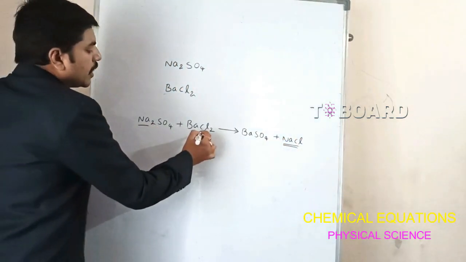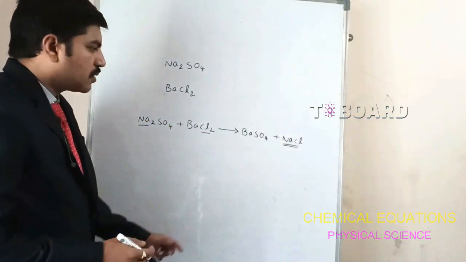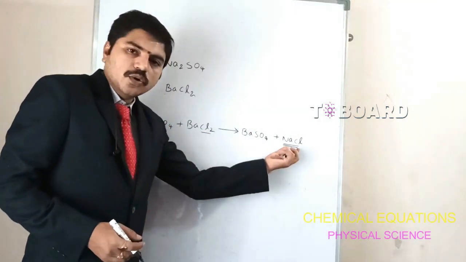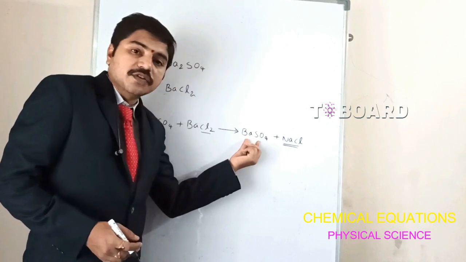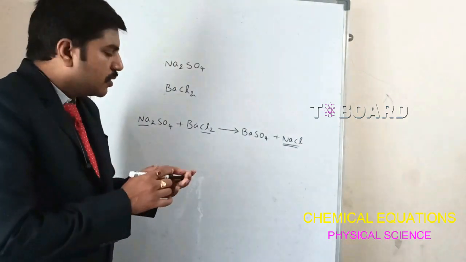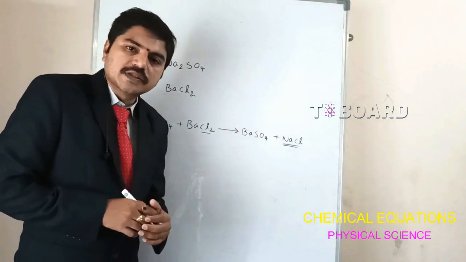Na and Cl both come together as sodium chloride, and barium sulfate forms. This kind of chemical reaction takes place here.